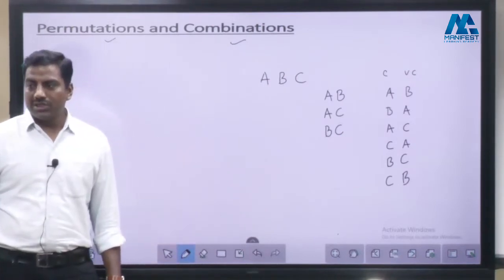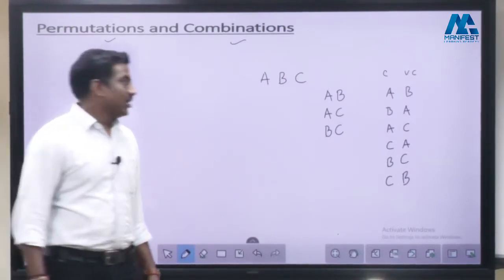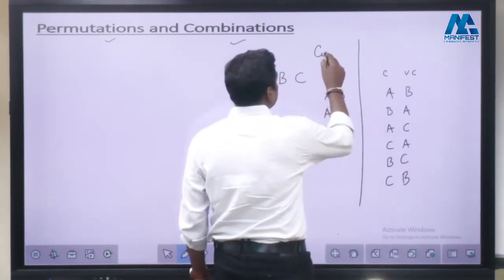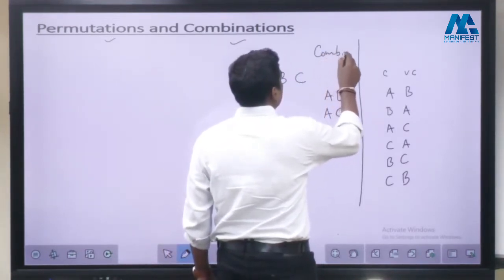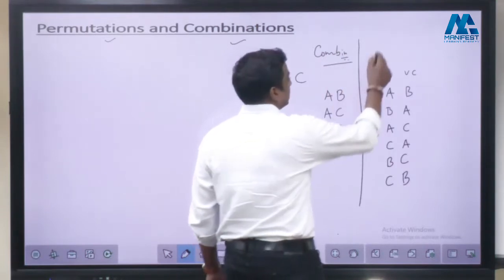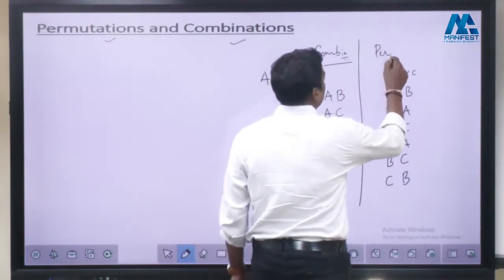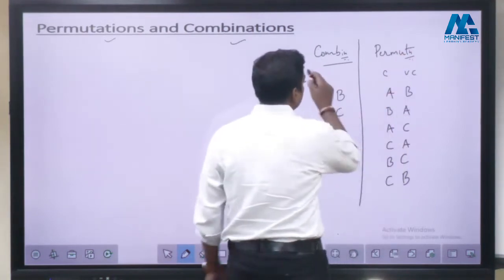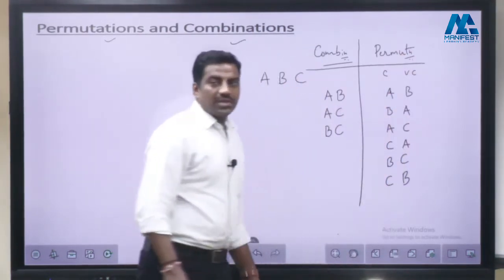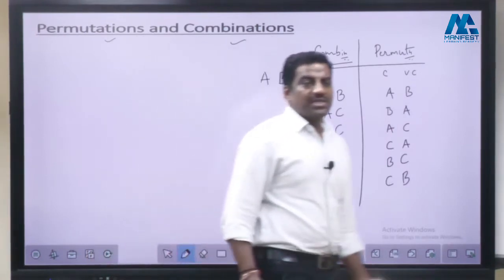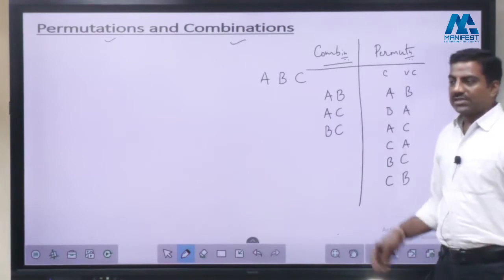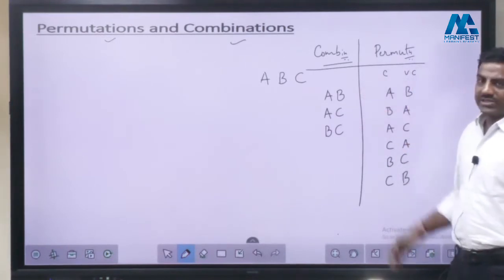So the difference between permutations and combinations is in front of you. This is your combination. This is your permutation. Getting my point? So what is the difference between combination and permutation?